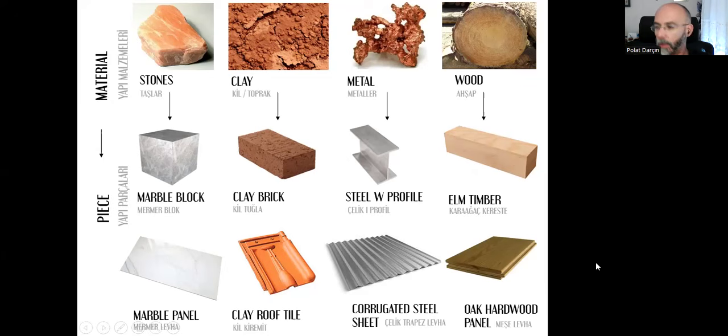Then we will have another piece, meşe levha. And if you get lots of pieces and put them over one another or next to each other, then we will have a building component, bileşen, yapı bileşeni.